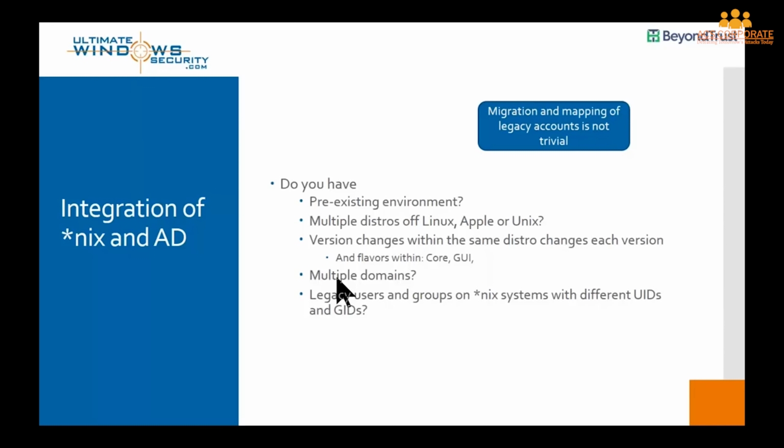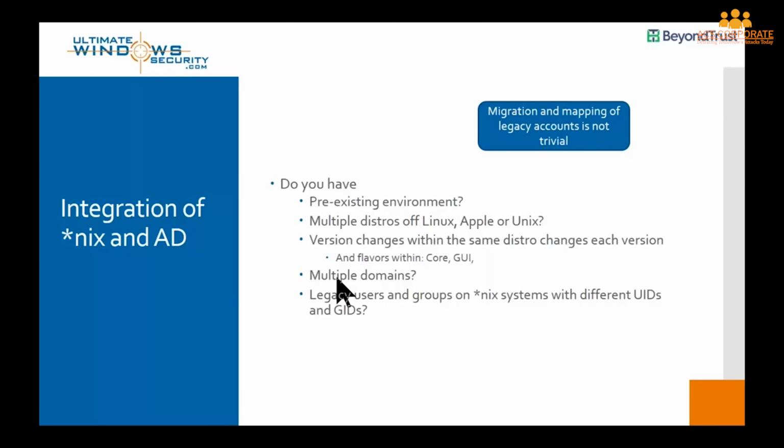Do you have multiple distros of Linux and so on? You've got different versions of them, some with core, some with a GUI. How many different forests do you have? Domains within a forest, that typically works okay with SSSD, but not necessarily multiple forests. Probably you've got legacy users groups on all these different Linux and Unix systems with different UIDs and GIDs, okay? Well, those are all issues that we still have to deal with.